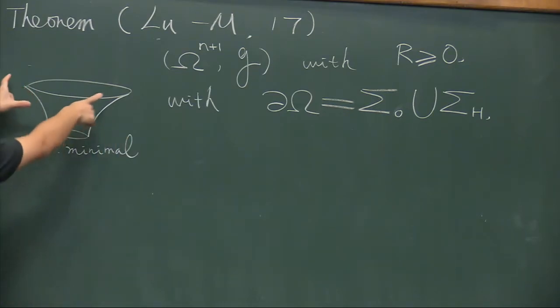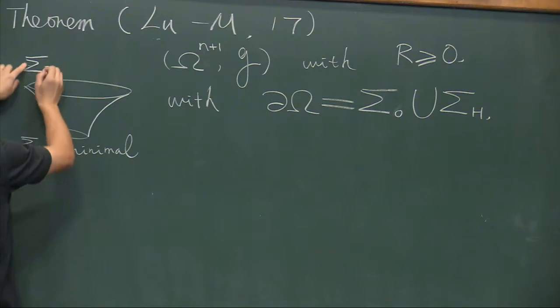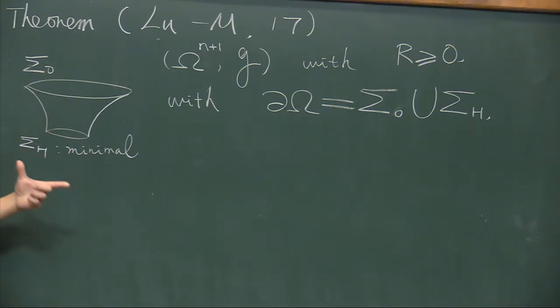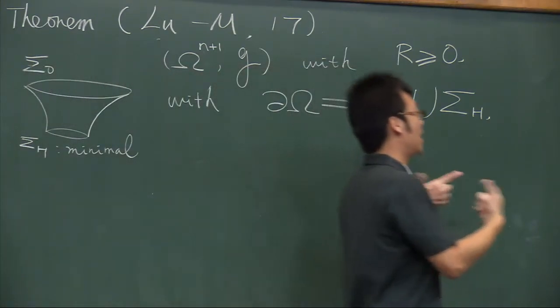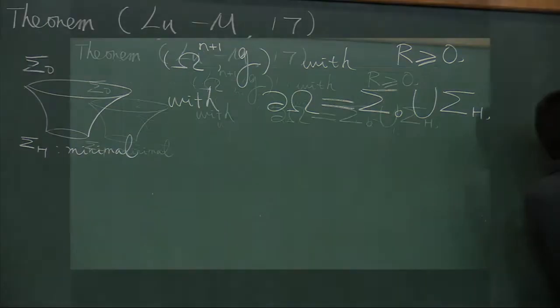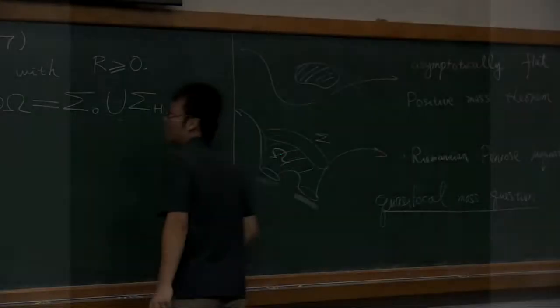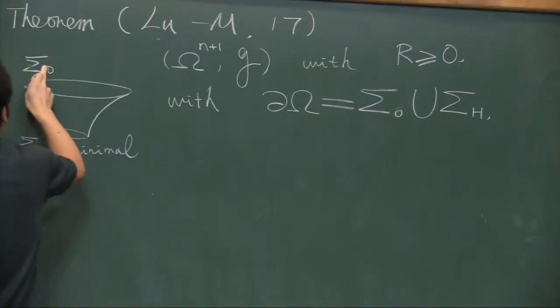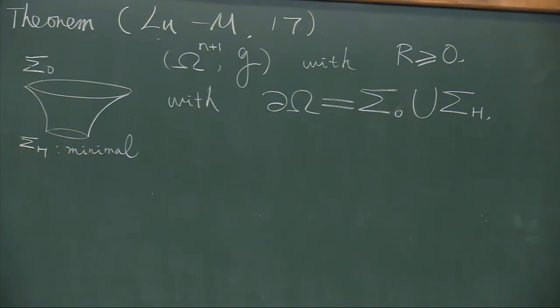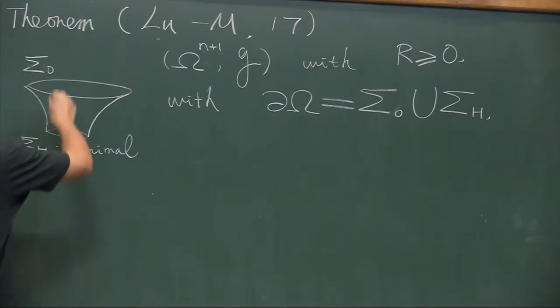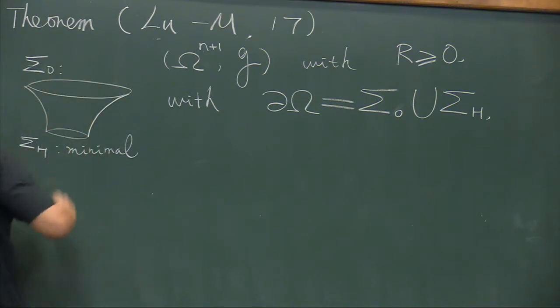The other boundary component, which one can call the outer boundary component, a boundary that lies at the outer position, is assumed to be topologically a sphere, and geometrically we assume it has positive mean curvature.